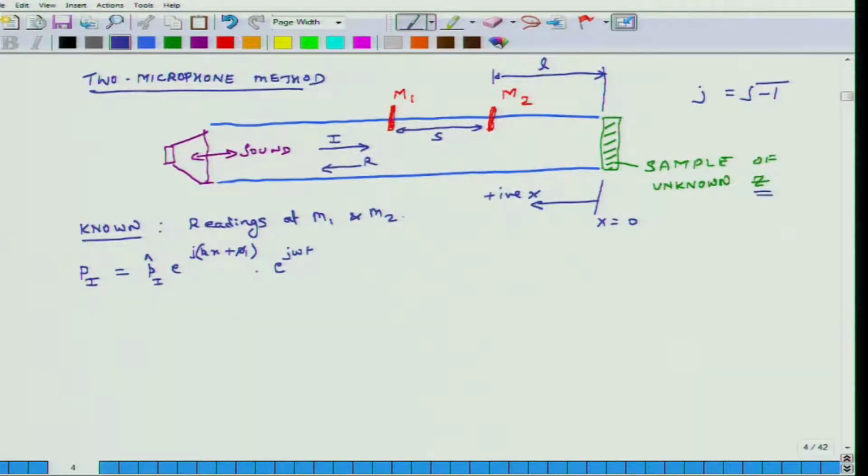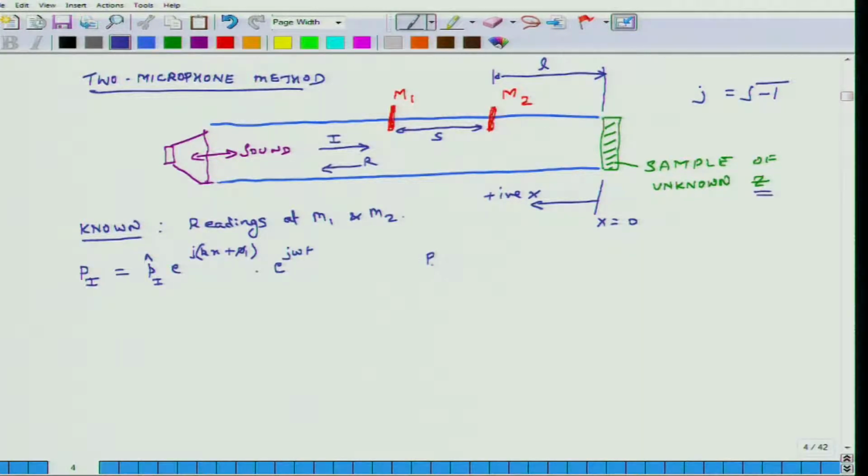Now in the original transmission line equations, the incident wave had a coefficient of -j, e to the power of -j kx. But here I am putting it positive because my x direction has changed and positive x is moving in the left direction. So this is important to remember.